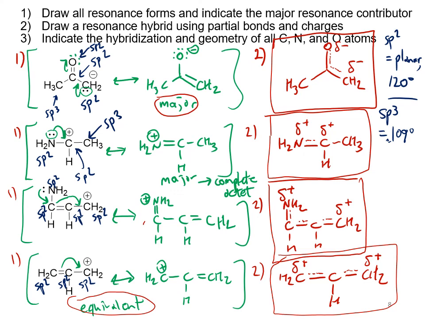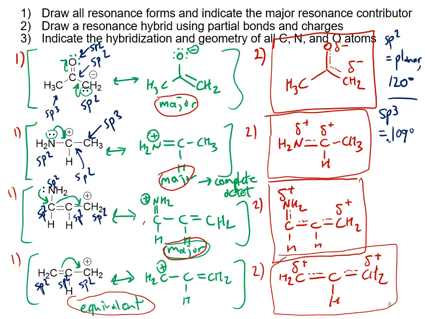If we look at the second resonance structure, here we've got the major contributor being the second one because it fulfills the octet rule. So octet rule is pretty important. But in the first example, the second contributor was major because it had negative charge on oxygen versus carbon.